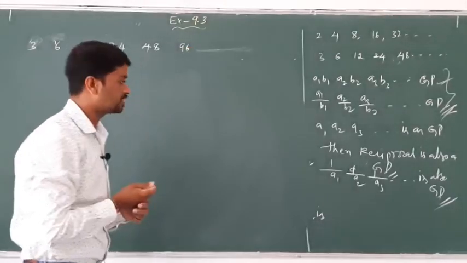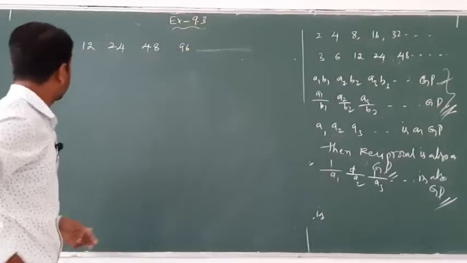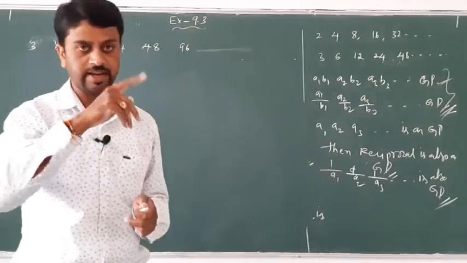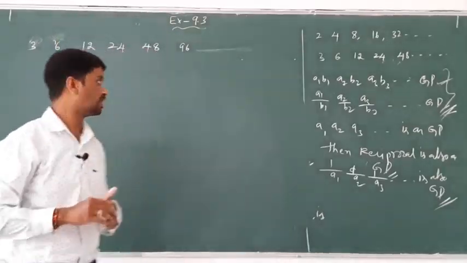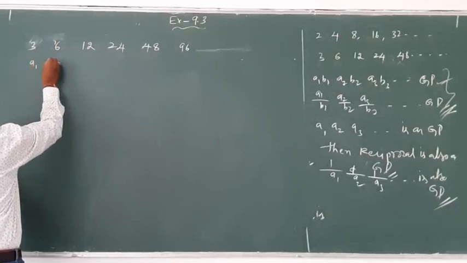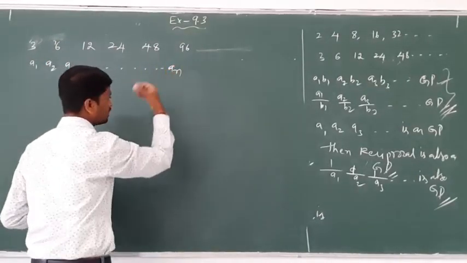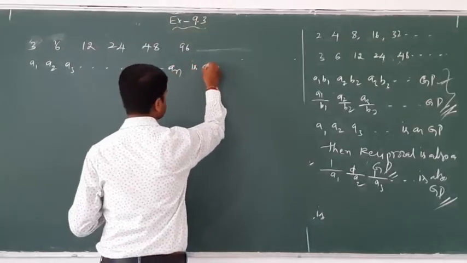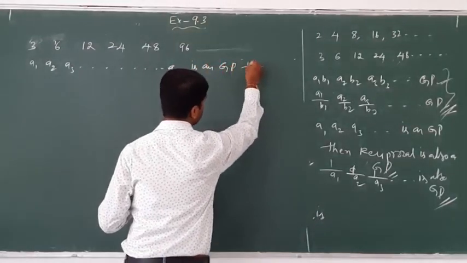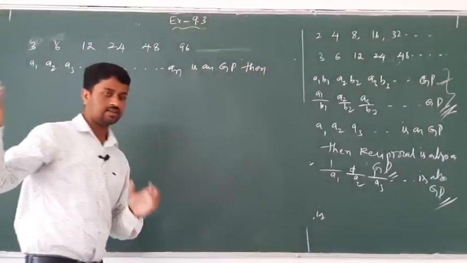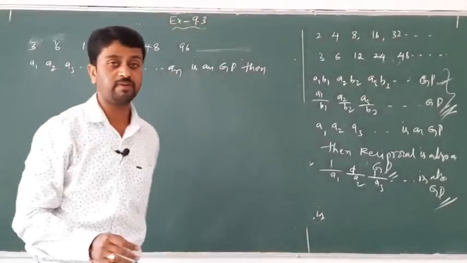Here, how many terms are there? 5, definite. A finite GP means a finite number of terms is there, and A1, A2, A3 up to AN is a GP.